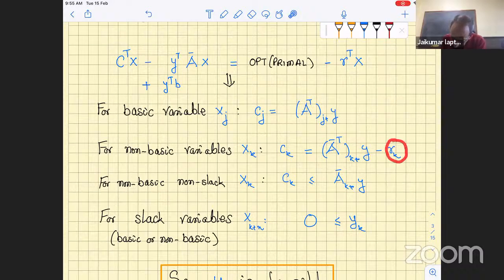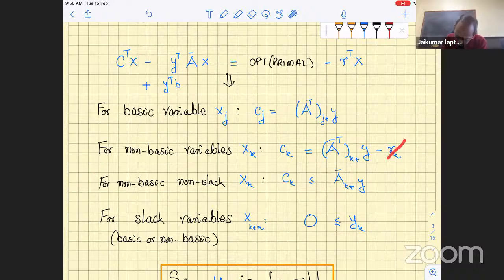But this R is greater than or equal to 0. So we get that the row of A bar with Y is greater than or equal to CK. Is this clear?